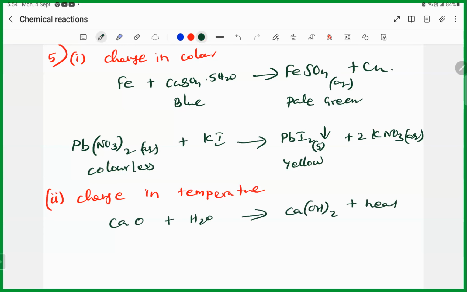So change in temperature. Same way, any metals with a dilute acid gives salt and then hydrogen gas. So this is also change in temperature, heat will be released. Okay.